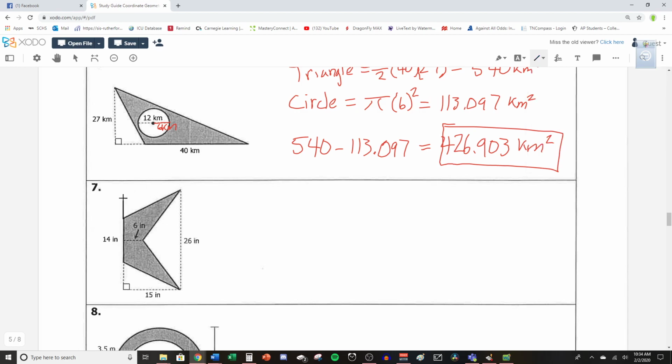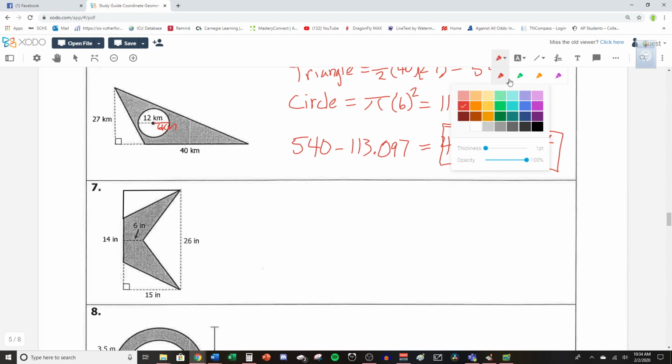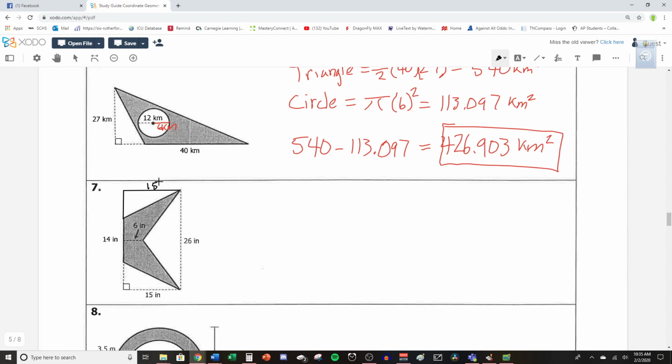I want to draw a line that goes up here, and a line that goes here. We're going to assume this area has that same width of 15. This is going to have the same length. This will be a right angle.